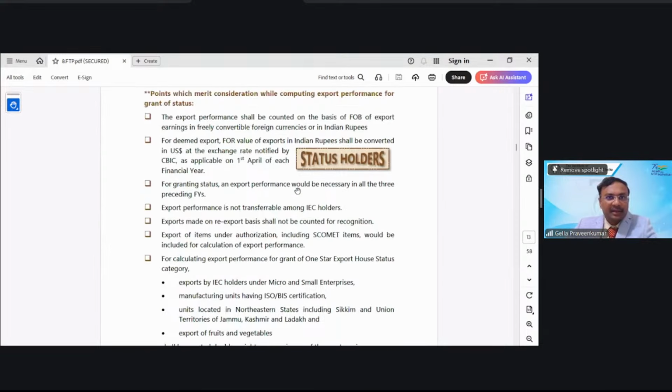Then, based on the status holder, the export performance shall be counted on the basis of FOB of exports. Please remember, students, always exports. The yardstick is FOB value. Or deemed export, my yardstick is FOR.